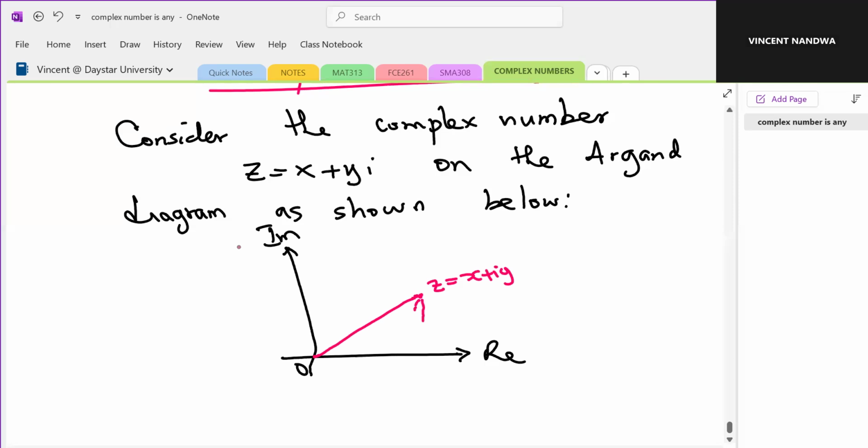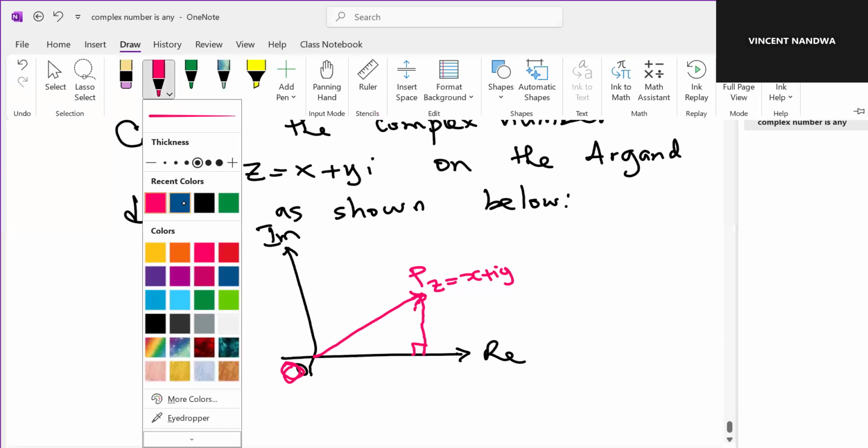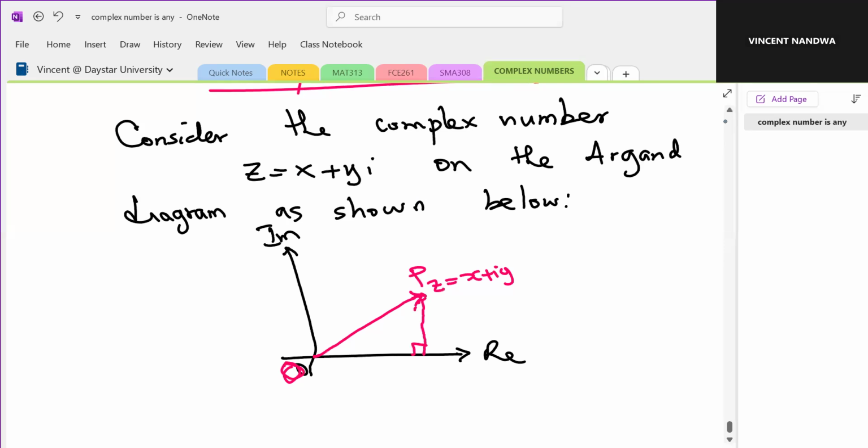Then I can define, let this point be P, and let this be our usual origin O. And if this is where we have our number Z, then this will have iy or yi.